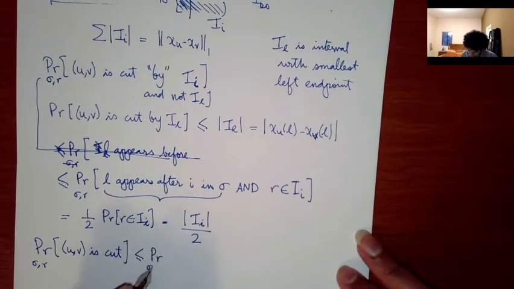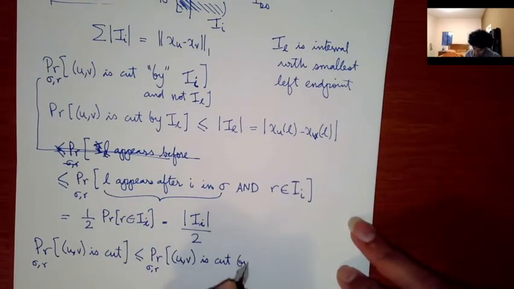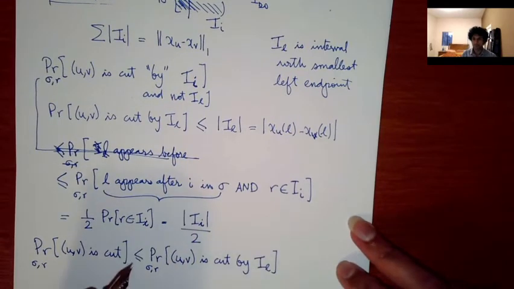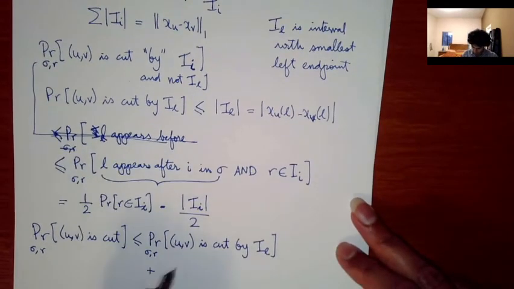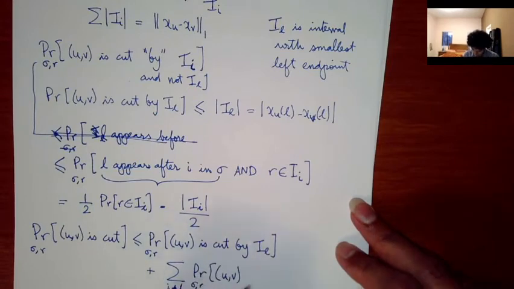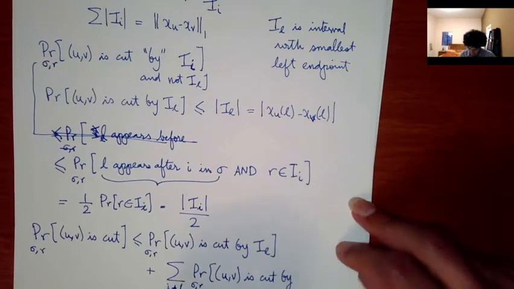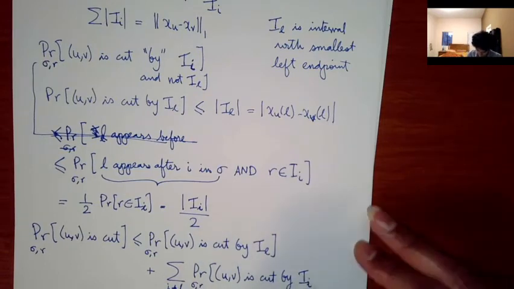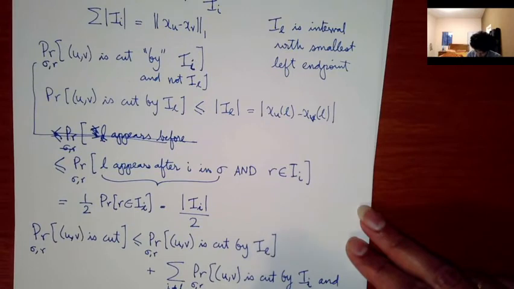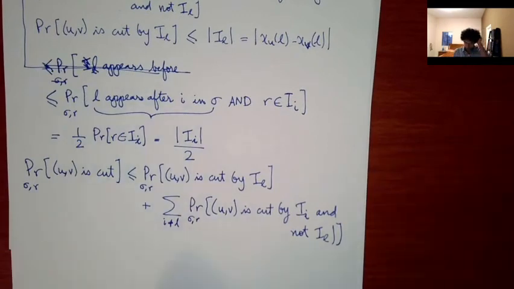I say this is the probability over sigma and R that UV is cut by I_L, plus the summation over all i not equal to L of the probability over sigma and R that UV is cut by I_i and not I_L. Right? And now I basically plug everything in and I'm going to get the bound that I want.